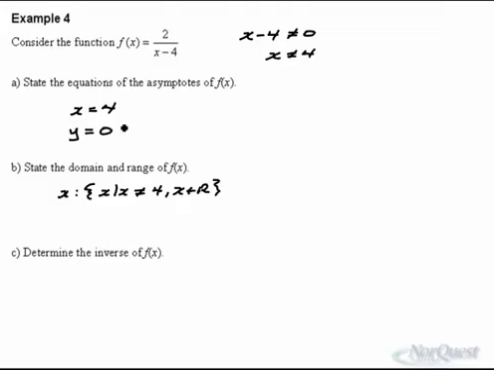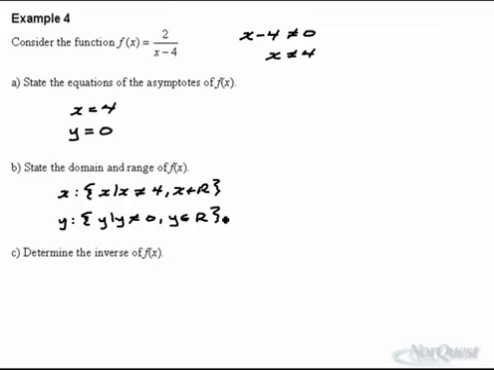Again, if you don't memorize that little rule, then what you're doing is you're graphing and you're looking to see what value the graph approaches on the extreme left and extreme right. But if you've got that tip memorized, you would know that as soon as the degree of the denominator is greater than the degree of the numerator, your horizontal asymptote will be 0, which then tells you that your range cannot be 0.